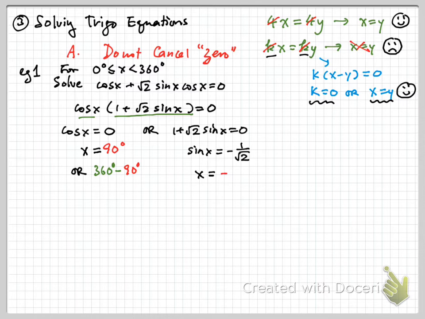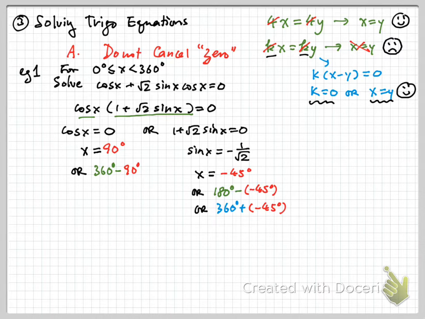The calculator will give you minus 45, which is not taken because it is out of range. For sine, we have 180 minus or 360 plus. So that is 180 minus negative 45 degrees, and 360 plus negative 45 degrees.